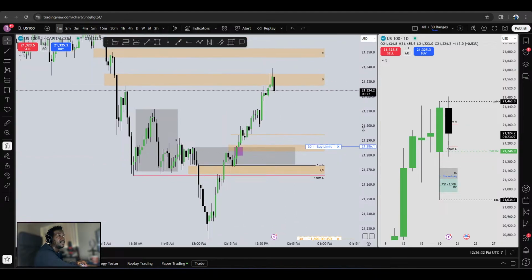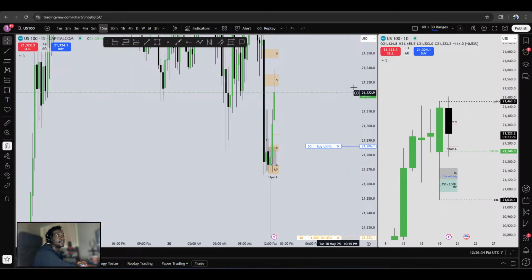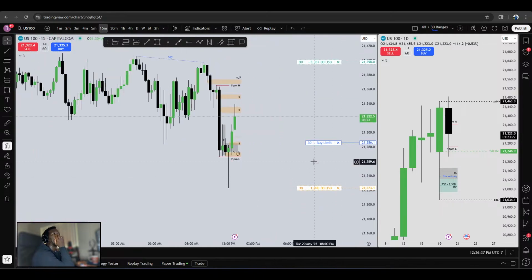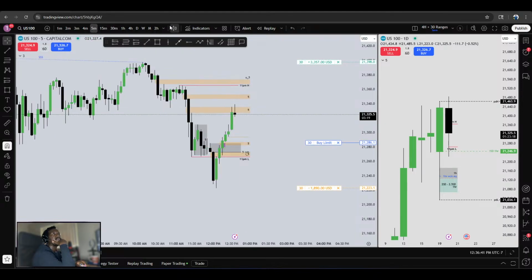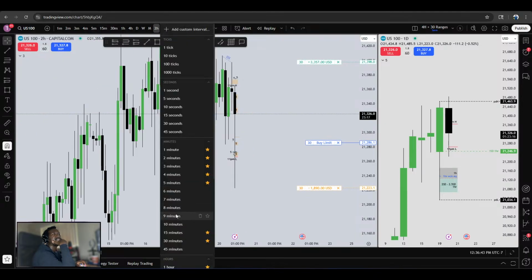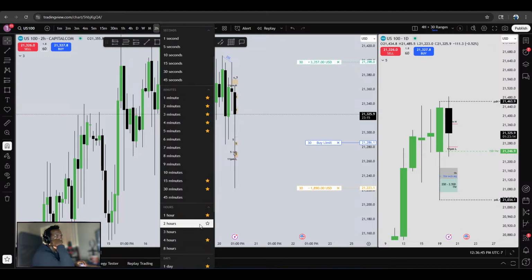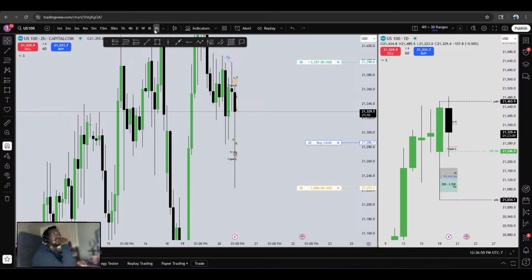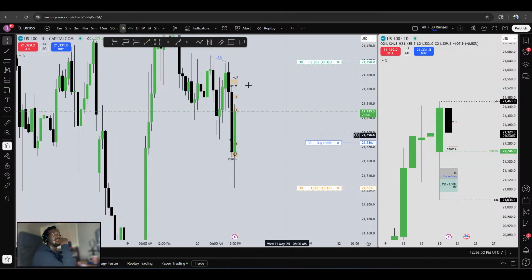So that 5 minute offering some resistance as we speak. So what's going to happen here? 15 minutes. Why do I need to see that 2 hour? We don't need so much. Why is it there?